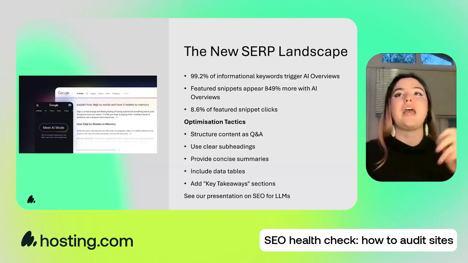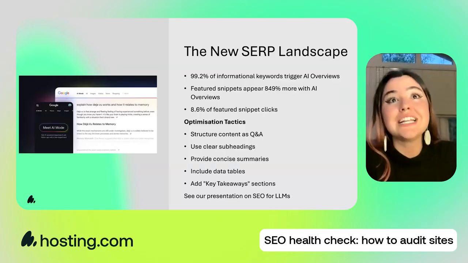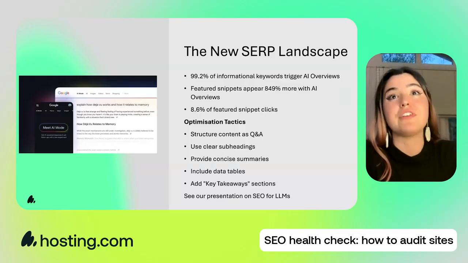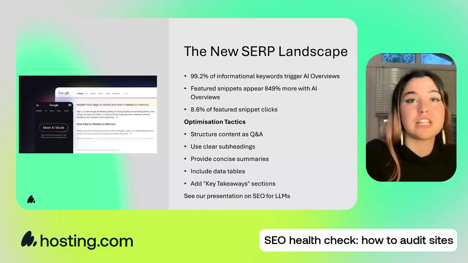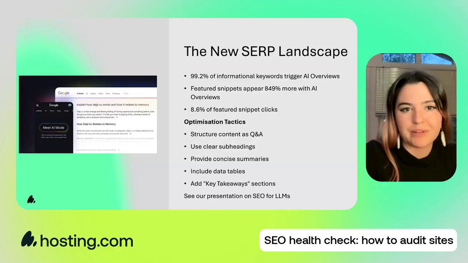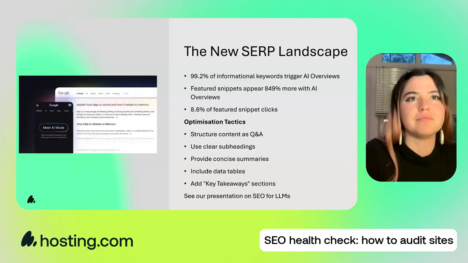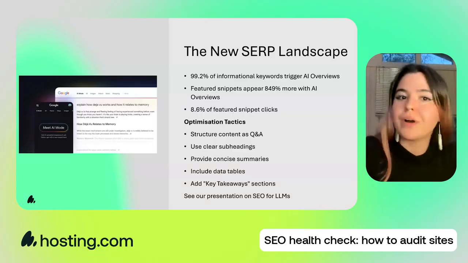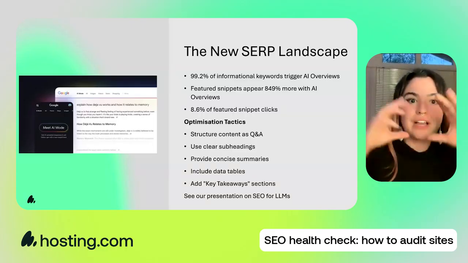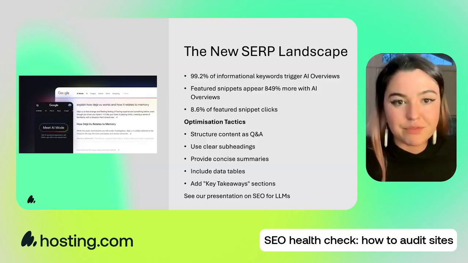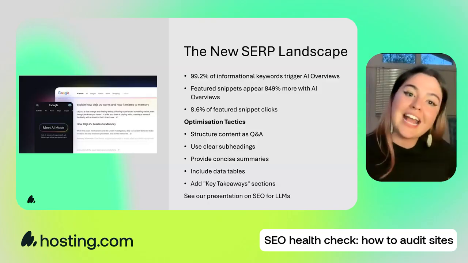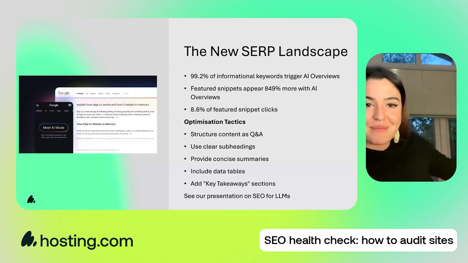But leaning into AI overviews, so 99.2% of informational keywords trigger AI overviews. Informational keywords are those more top level ones. Like if I Google what is hosting, where users now get a little snippet that kind of summarizes what millions and millions of blogs talk about. Back in the day, people were actually ranking for that and people would click through.